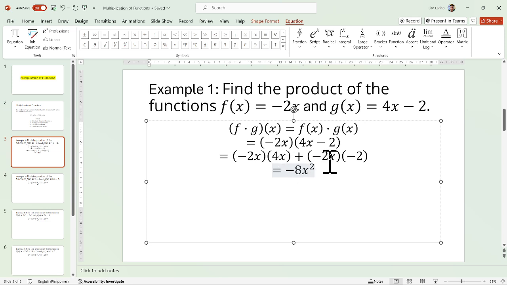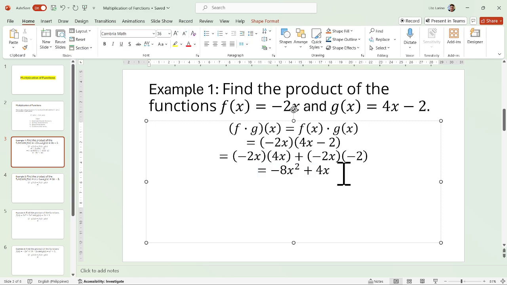Then, negative 2x times negative 2, we have plus negative 2x times negative 2. We multiply the numbers. Negative 2 times negative 2 is positive 4, and then we copy x. This is now the product of the functions f of x equals negative 2x and g of x equals 4x minus 2.